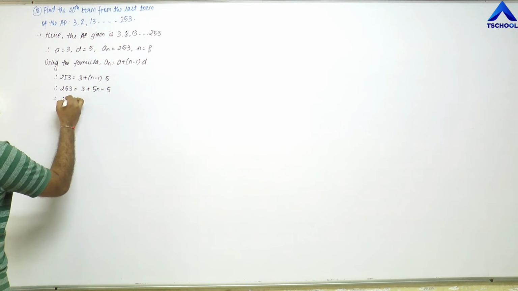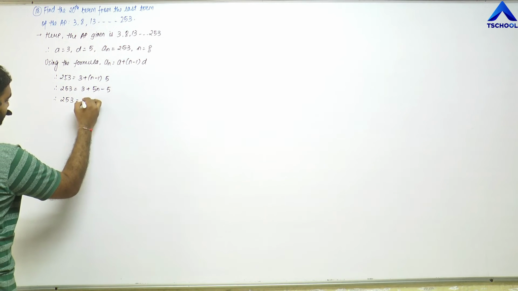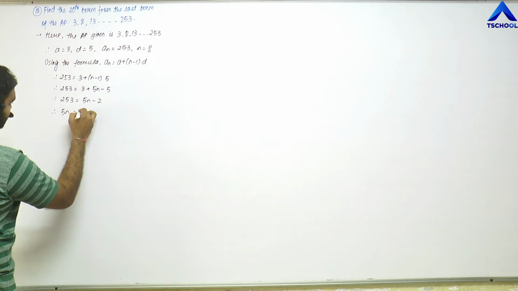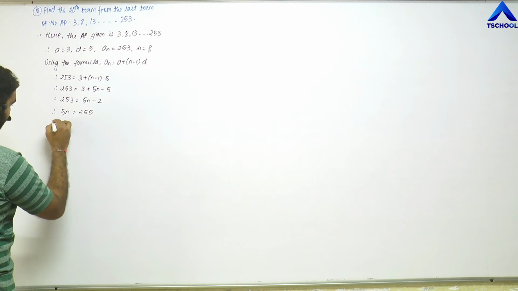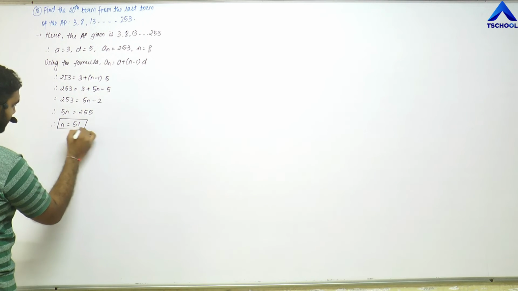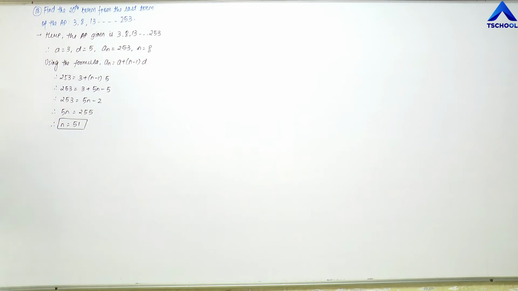Therefore 253 is equal to 5N minus 2, therefore 5N is equal to 255, and hence N is equal to 51, right? N is equal to 51. So we got the total number of terms as 51.